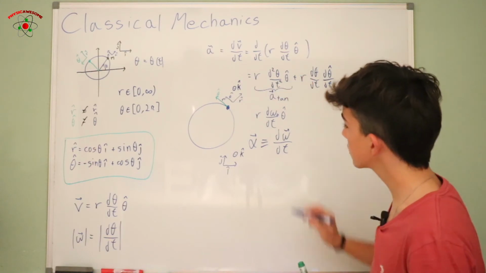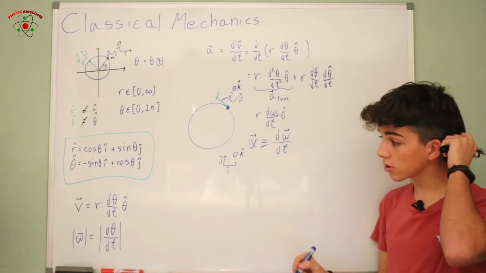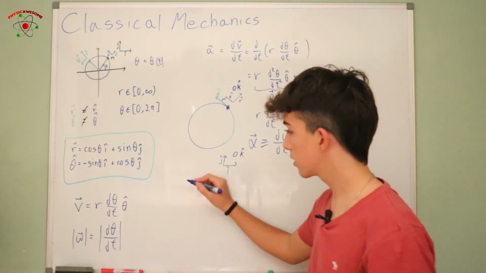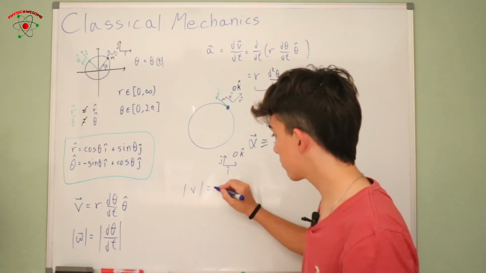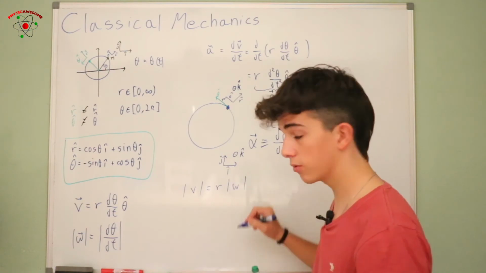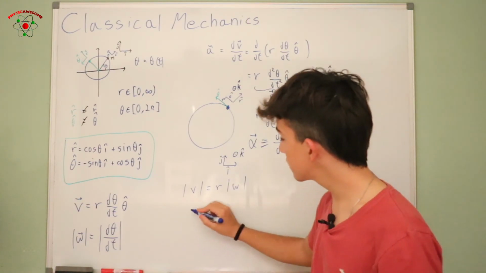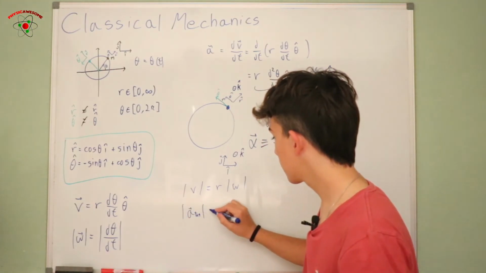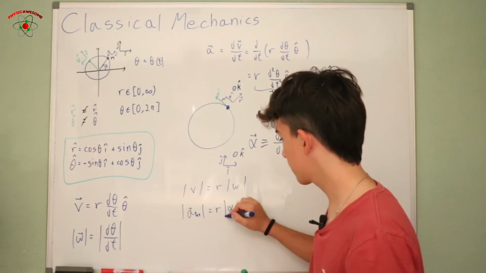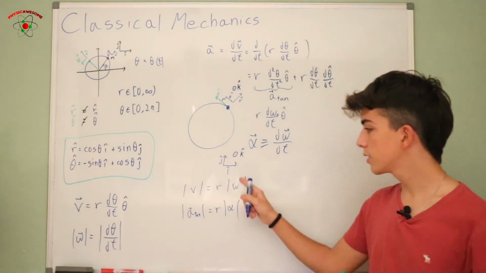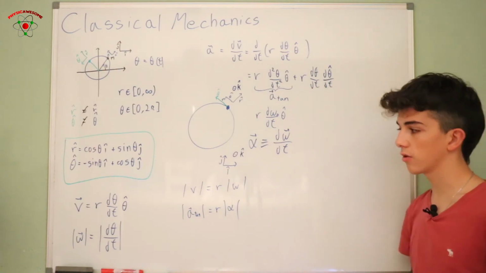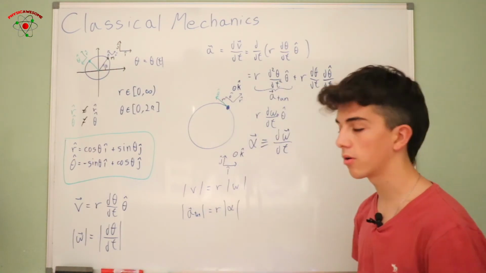This is also a vector, and you can see they are closely related in a similar manner to the velocities. If v equals r times w, we have that a tangential equals r times alpha. So they're pretty analogous. Now let's treat the other component, but let's clear up the board a little bit first.